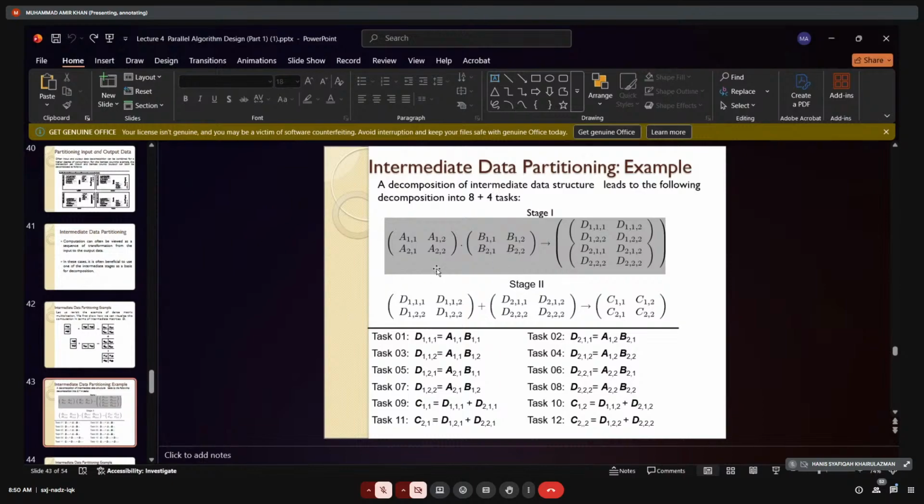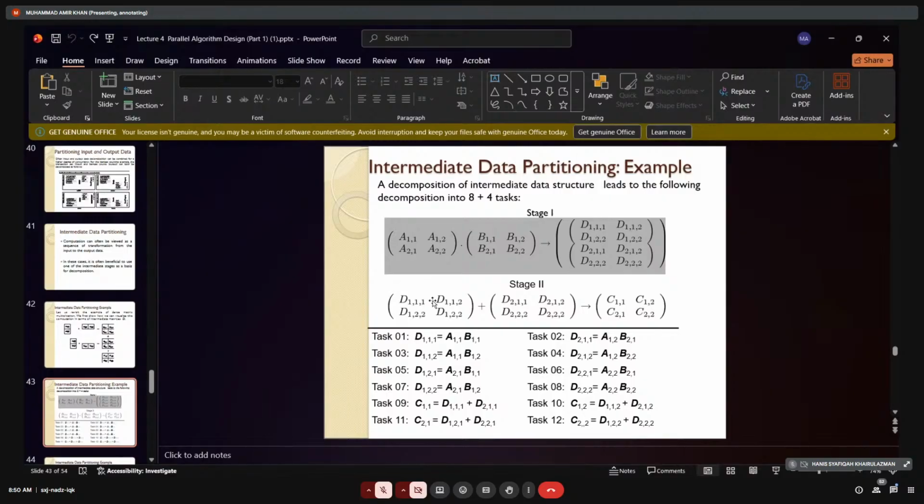For example, here we have stage 1 and then stage 2. In stage 1, we have the A matrix and B matrix. We have to multiply these matrices, and then the result will be here in D, because we have how many values? It should be 8 values: 1, 2, 3, 4, 5, 6, 7, 8.